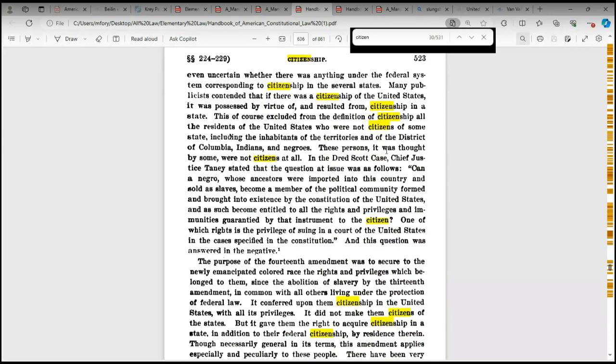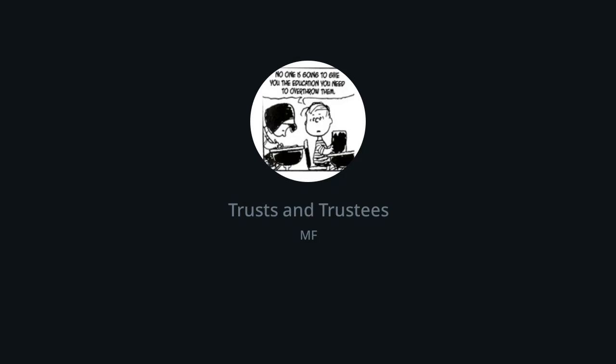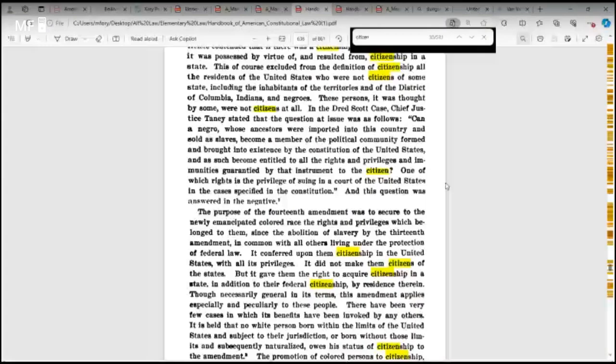These persons, it was thought by some, were not citizens at all. In the Dred Scott case, Chief Justice Taney stated that the question at issue was as follows: can a Negro whose ancestors were imported into this country and sold as slaves become a member of the political community formed and brought into existence by the Constitution of the United States, and as such become entitled to all the rights and privileges and immunities guaranteed by that instrument to the citizen?